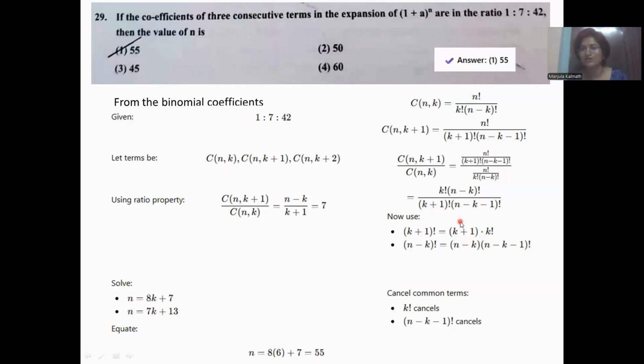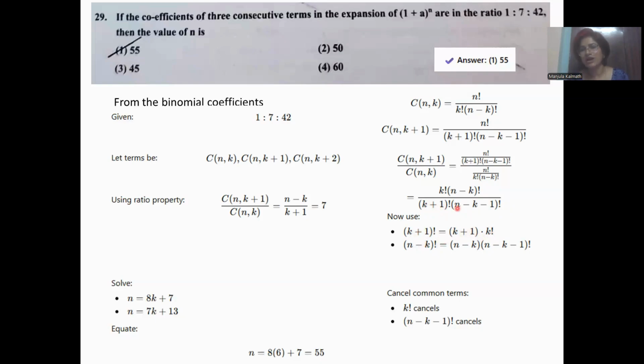That is, 5 factorial is nothing but 5 into 4 factorial, and if we go up to 3 factorial it is 5 into 4 into 3 factorial. Like that, if I consider this one as 5, I take one less for the next term, that is 4. Now for k plus 1, one less is k factorial. So k plus 1 factorial equals k plus 1 into k factorial. We can write this term in this way.